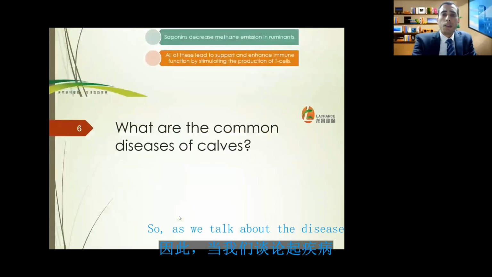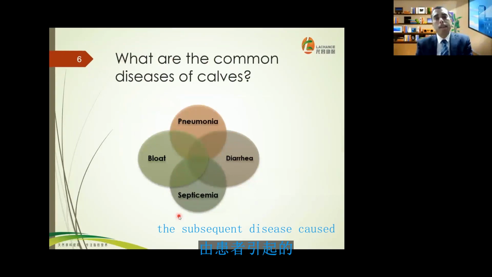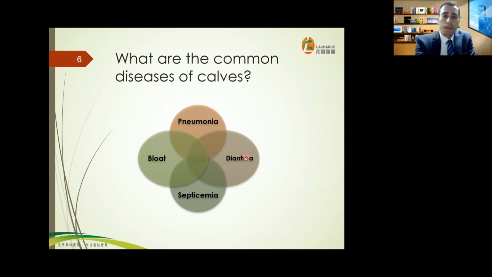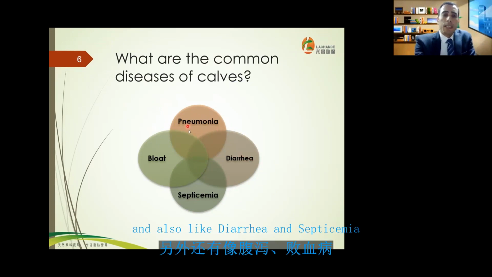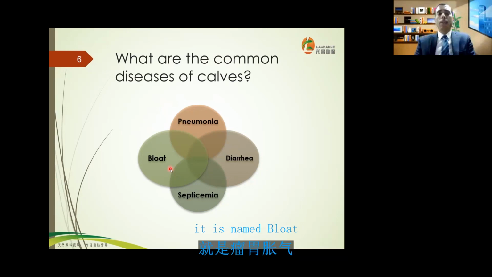So as we talk about disease and the subsequent results caused by disease, there are many kinds of disease that young calves are exposed to. One of these is pneumonia, and also diarrhea and septicemia, and the last main disease young calves are exposed to is named bloat.